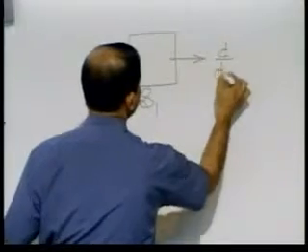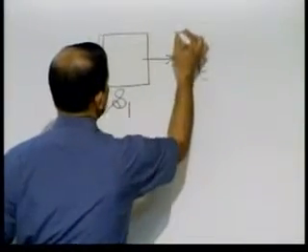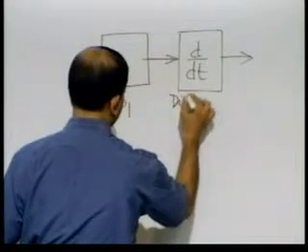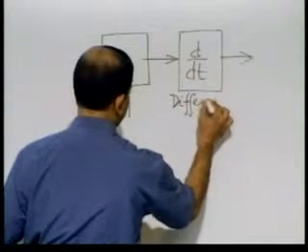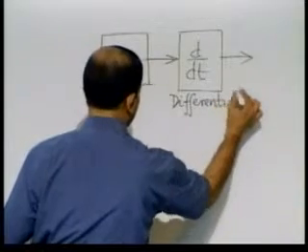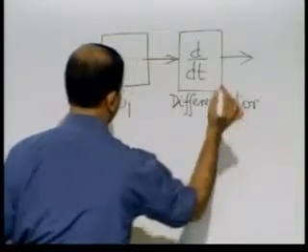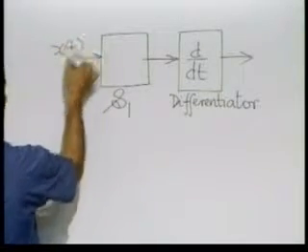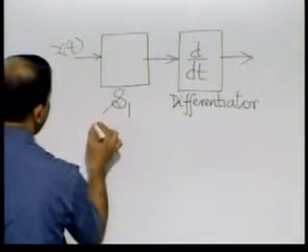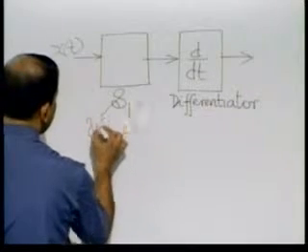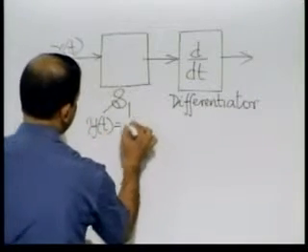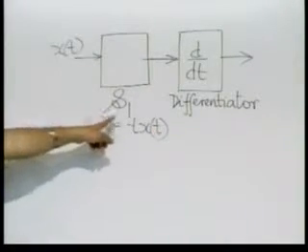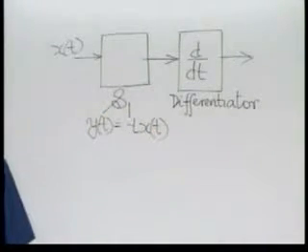We'll denote the differentiator in short by d/dt like this. The system S1 is described by y(t) is t times x(t). This describes the system S1.